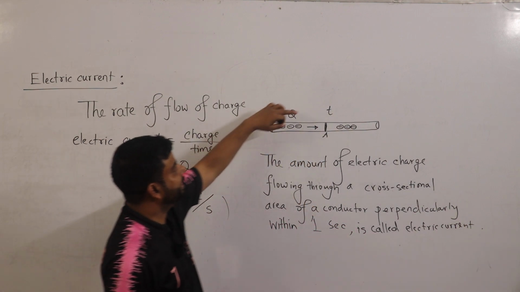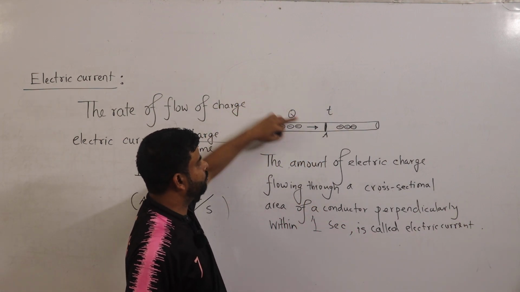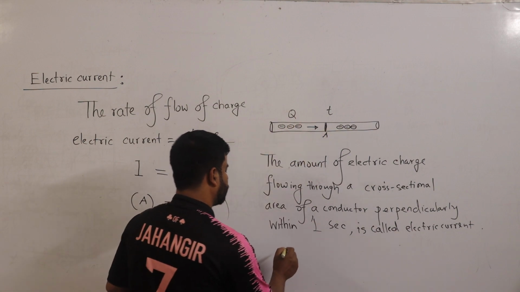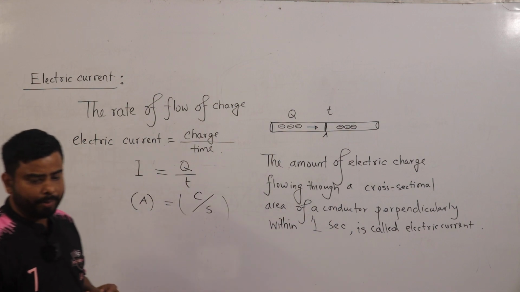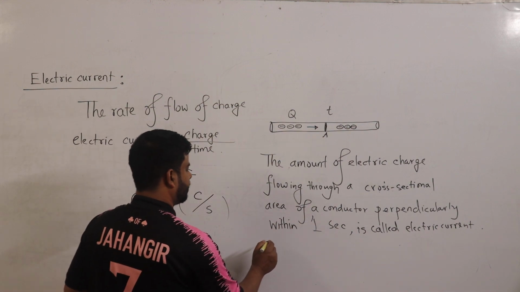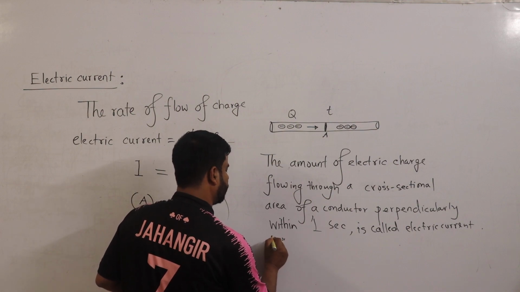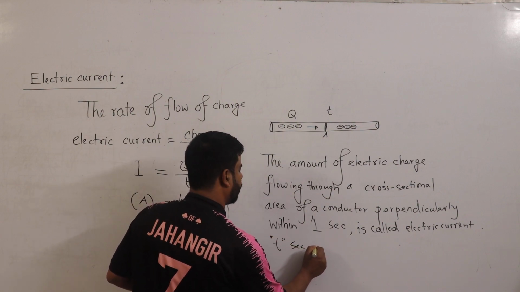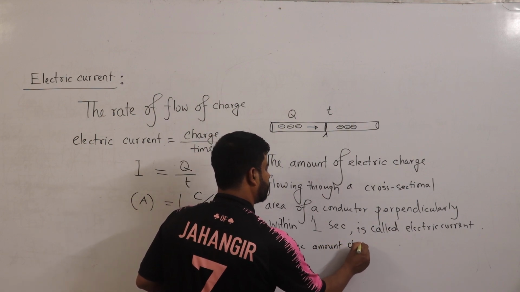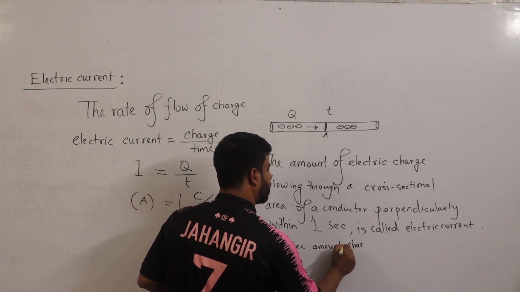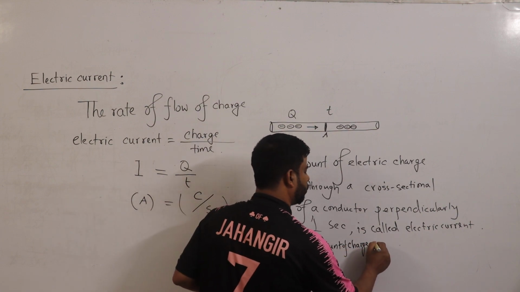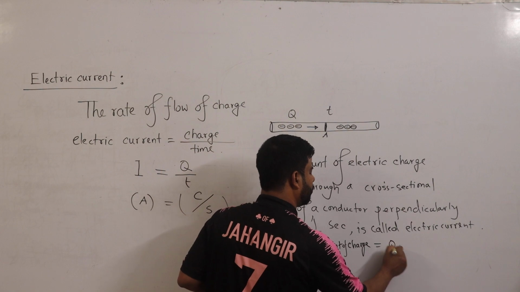Say within T seconds, the amount of charge flowing through the cross-sectional area of a conductor is Q coulomb.